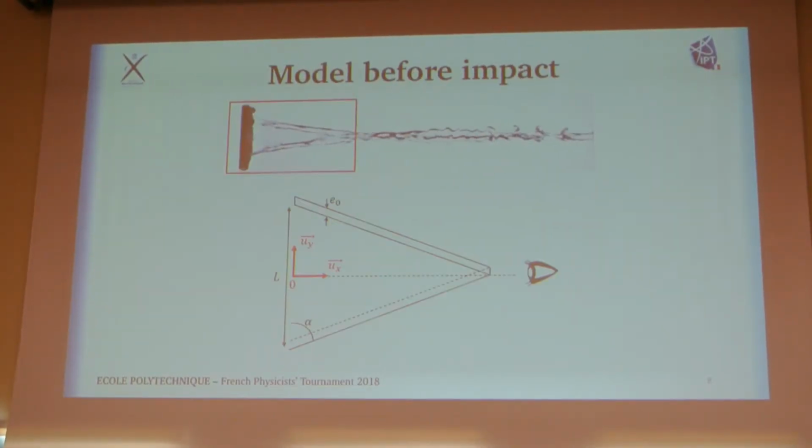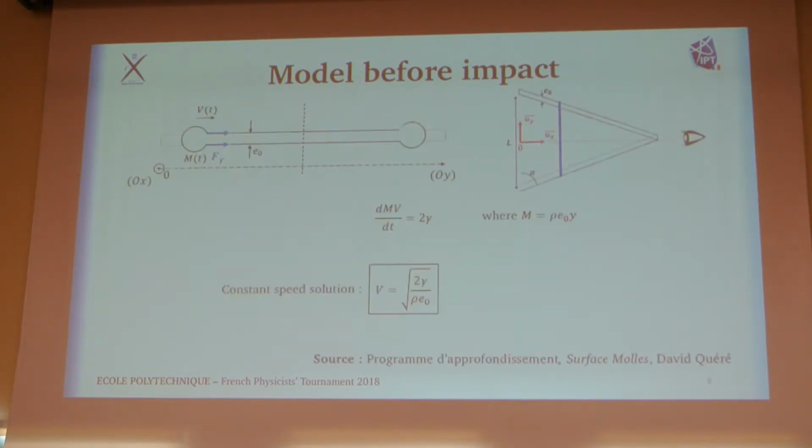First we have a model for before impact, where we see that the angle is quite constant. We're going to try to find an answer for the constant angle. We use a really simple model from the literature, which says that the liquid on the side comes to the middle due to the surface tension.